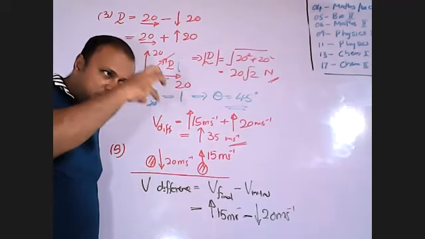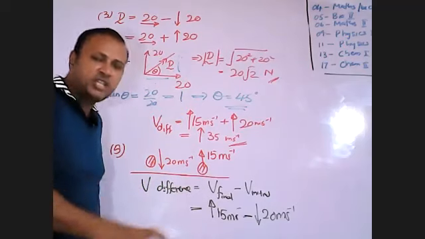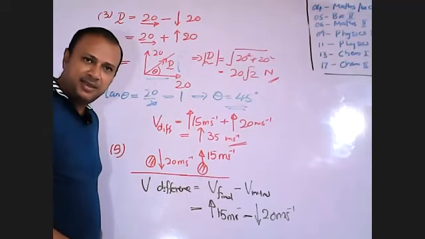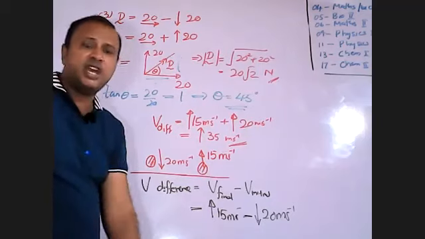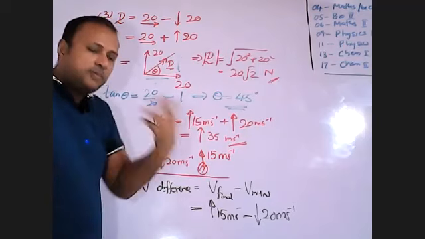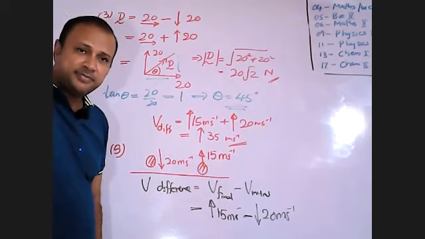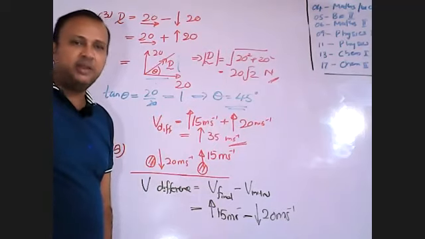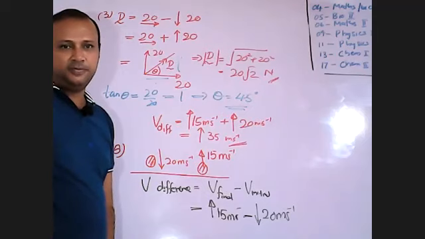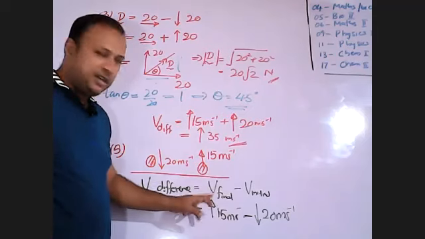The velocity of this ball has changed now. How to find the change? Final value minus initial value. Did you get my point?